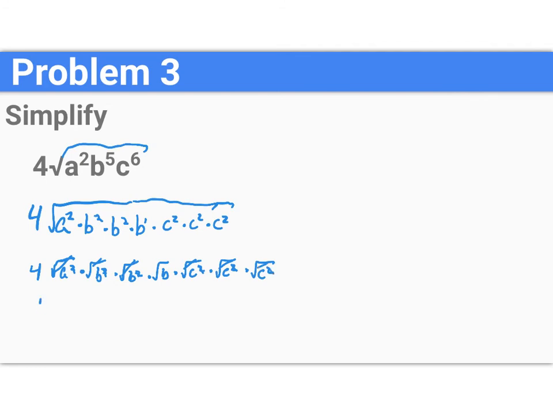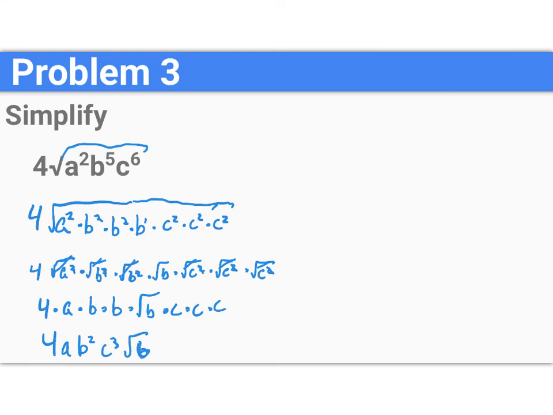So what do we have? We have 4 times a times b times root b times c times c times c. And going back and doing some exponent math, 4a b squared c cubed root b.